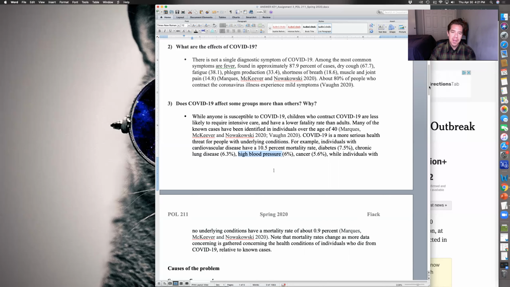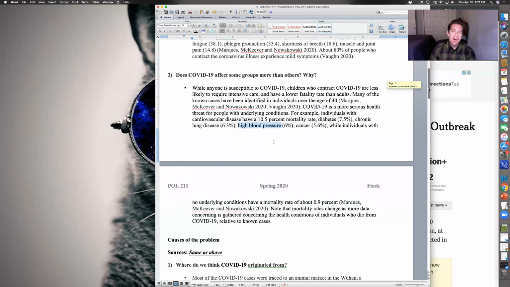That people with underlying conditions tend to be more susceptible to having fatal responses to COVID-19. Whereas individuals with no underlying conditions have a mortality rate of about 0.9%, right? So less than 1 out of 100 people that have no underlying conditions die as a result of contracting COVID-19, right?